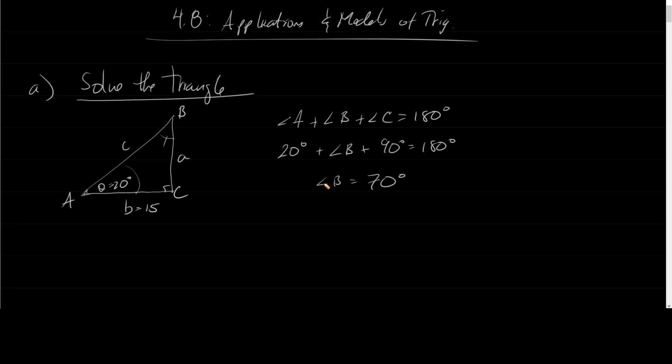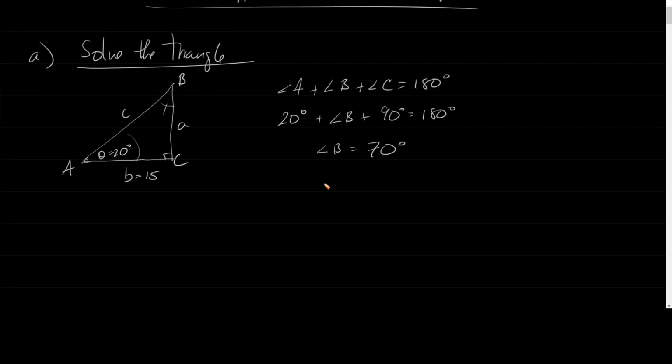Now let's look at side a and side b. Let's base it off of the angle that was originally given to us. Based off of this angle, if I ignore side c for now, then I can use trig to relate this angle with this side and this side.